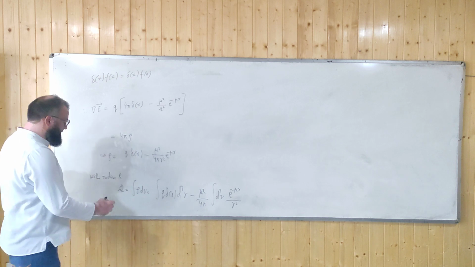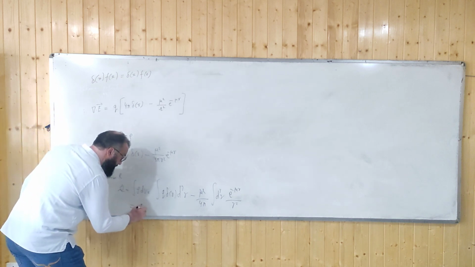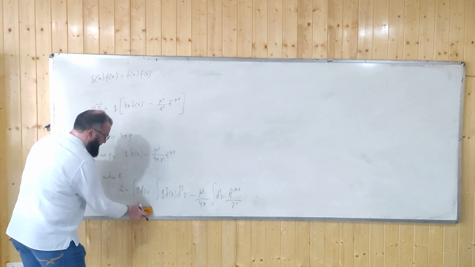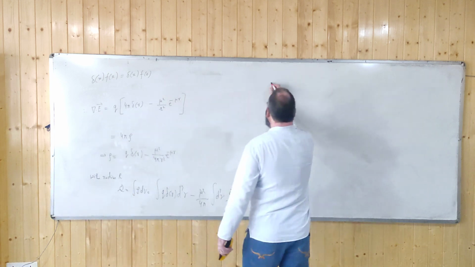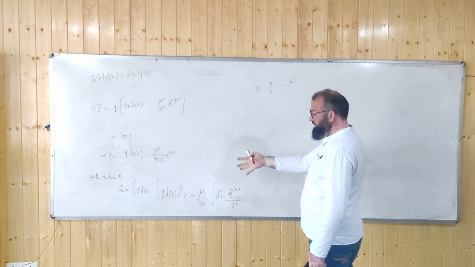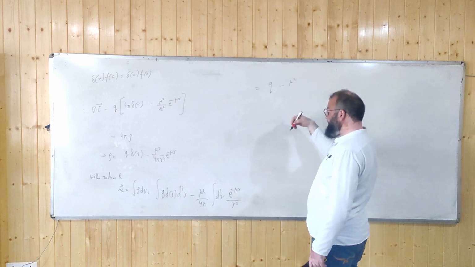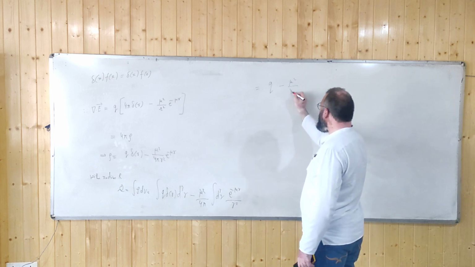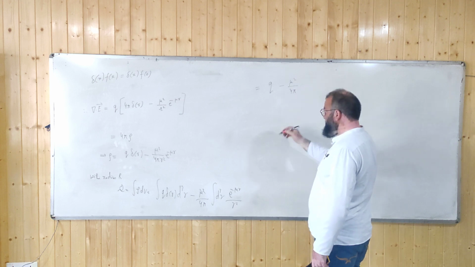So this is the result. So you are having this as Q minus this. So that's equal to Q minus mu square, because integration of delta function is equal to 1. So let's evaluate.